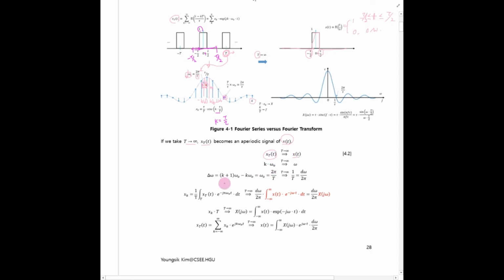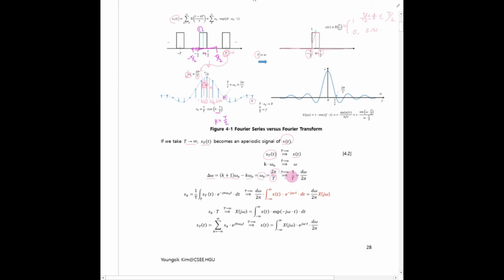Another thing is the frequency step. The (k+1)th harmonic minus the kth harmonic is the frequency difference. These frequency steps are omega 0, and omega 0 is 2 pi over T. As T goes to infinity, it seems like a continuous one.